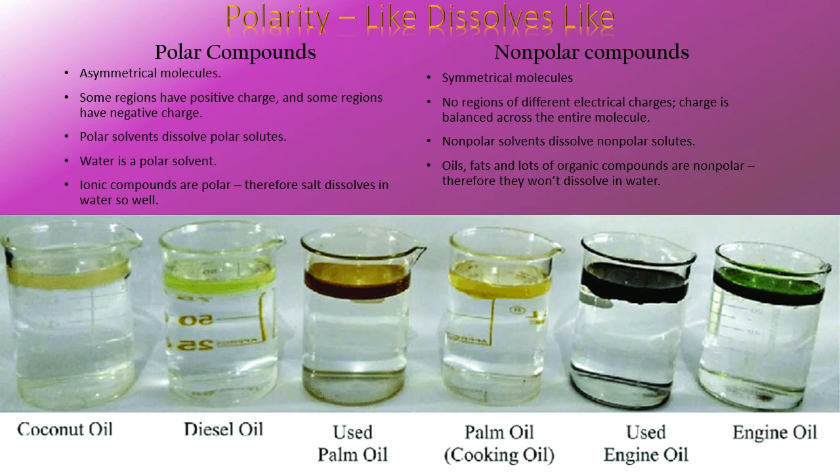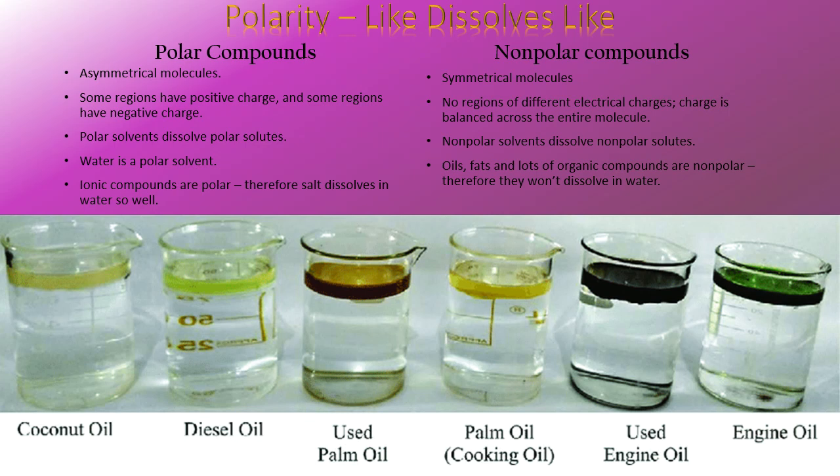So I'll take a second here to stop and discuss with you why some things like, say, salt are soluble in water versus why some things like oil are insoluble in water. It comes down to this characteristic of individual molecules that scientists call polarity. I won't get too far into it.